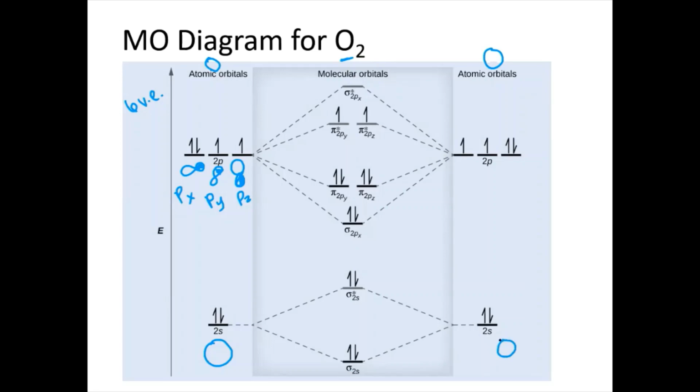So same pattern, right? We take and put these 2 together. When we put them together, we get this sigma bond that looks like this, okay? The sigma anti-bonding, when we put it together, we've taken and subtracted them, so it looks like this.